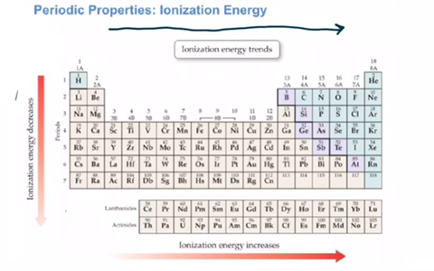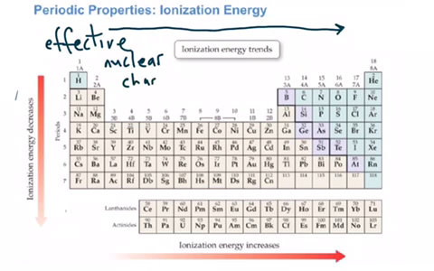And the reason, what we discussed, is there is something called effective nuclear charge. What effective nuclear charge means is that the number of protons increases from left to right. So as the number of protons increases, it causes the atoms within a period to get slightly smaller.